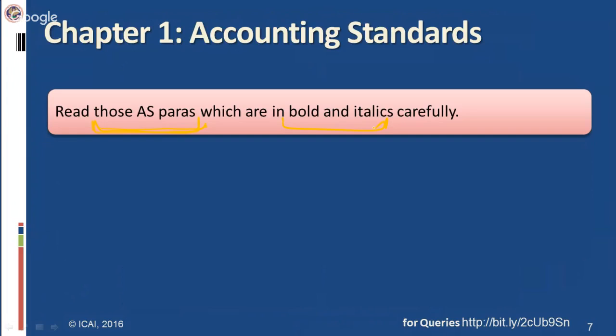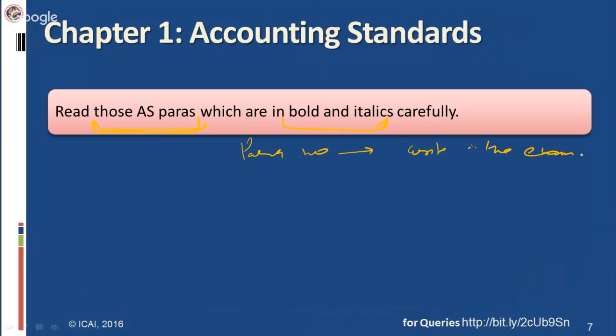So, I will also not ask you to remember the para numbers of the standards. You are not required to quote the para number of the standard in the examination. The para number, if you are very sure of, then only you write in the exam. If you are slightly unsure, like which provision of AS9 deals with the effect of uncertainties on revenue recognition, which particular para of the standard tells about the magazines and subscriptions revenue recognition.